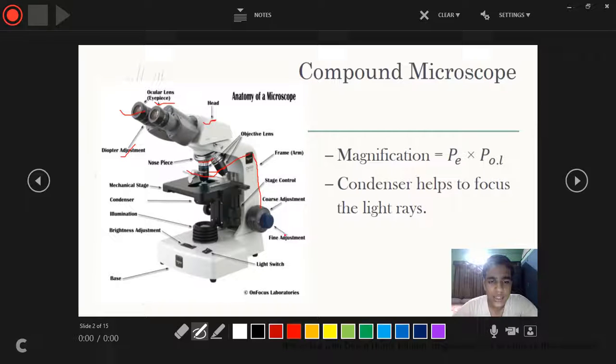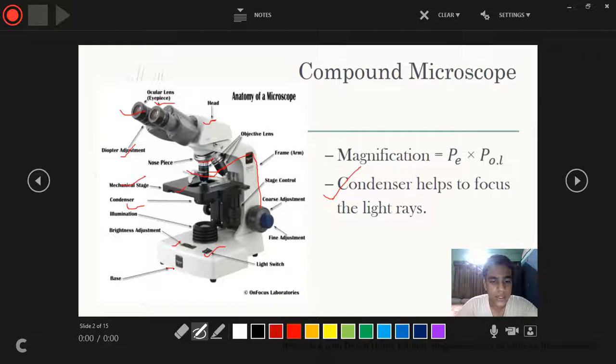Coarse adjustment and fine adjustment are not so much required, but in practicals you can use them. You must have seen this compound microscope in your lab. There's a light switch to turn on the light to be focused. This is the mechanical stage on which the specimens are kept, which is why it is called the mechanical stage. It is a very important place. Condenser we'll learn about here, along with illumination and brightness adjustment.